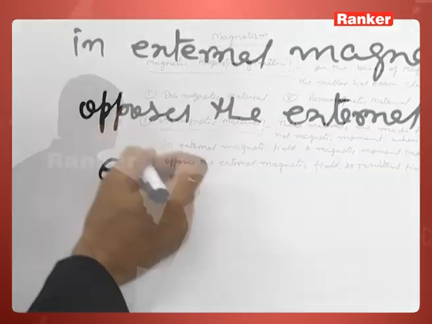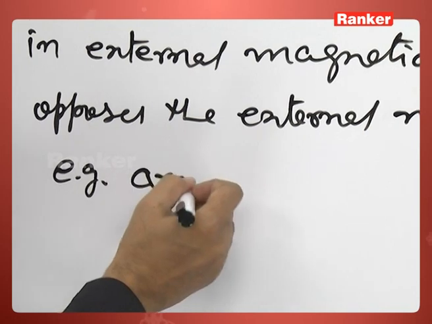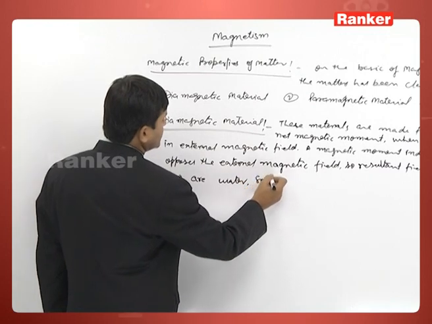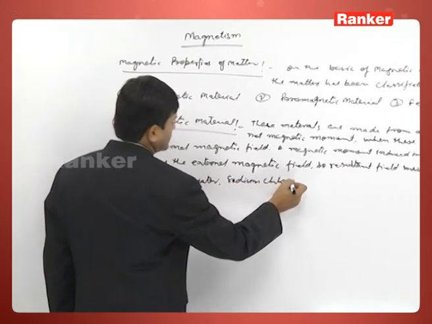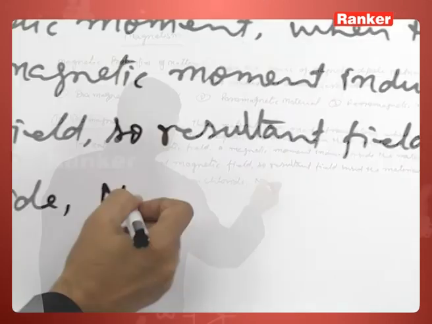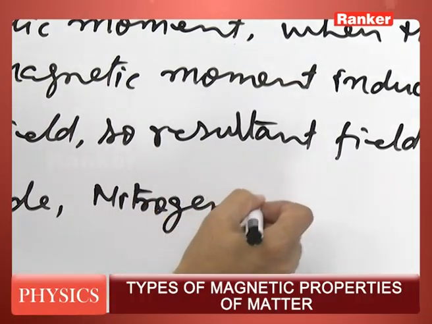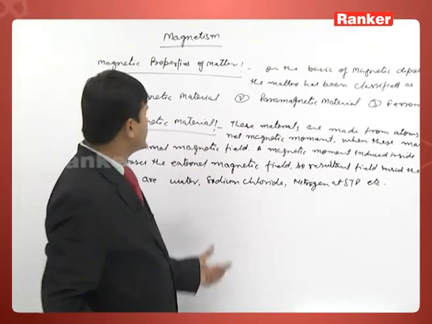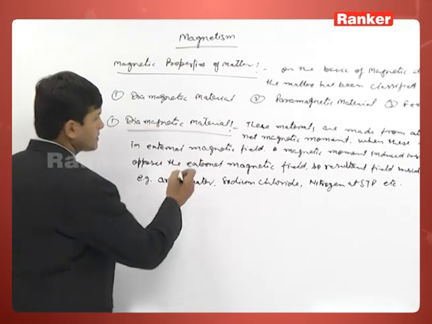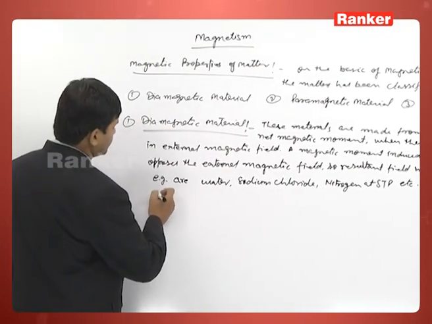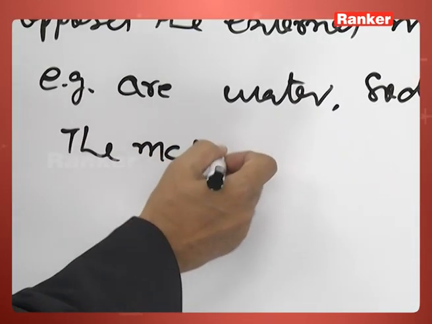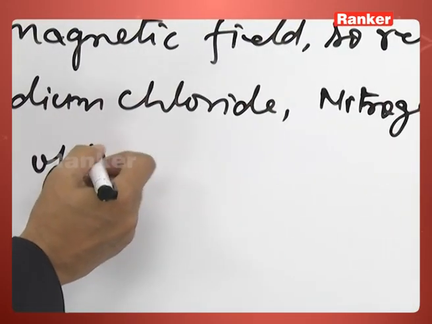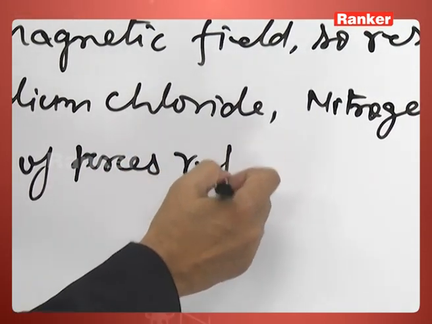Examples of such materials are water, sodium chloride, nitrogen at STP, etc. Now, the magnetic lines of force are repelled by these materials.